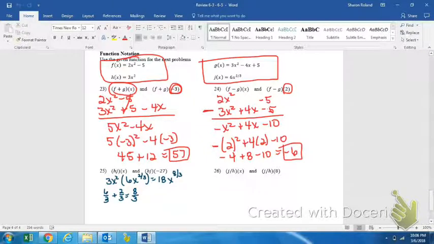But then they want to plug negative 27 in there, so that's 18 times negative 27 to the 8 over 3. You will have a calculator and can plug that in. That's going to be 18 times negative 3 to the 8th, which is going to be a pretty big number.